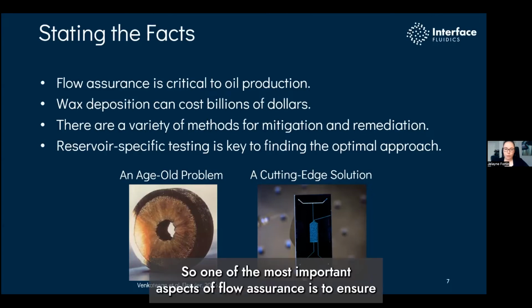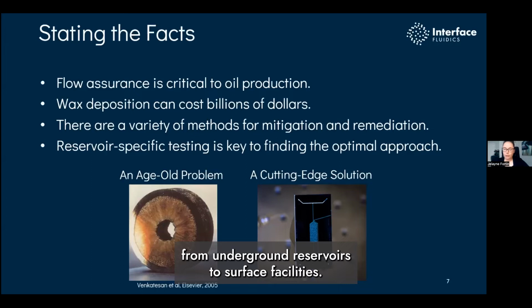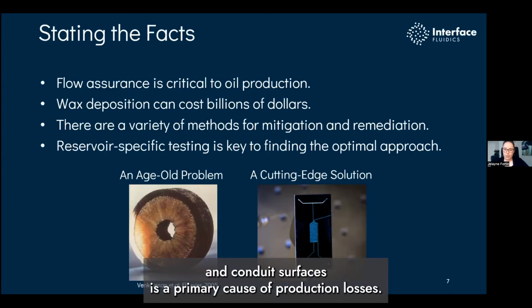So to begin with a little bit of background, as we know, flow assurance is very critical for oil production. One of the most important aspects of flow assurance is to ensure the safe and efficient transport of hydrocarbon crudes from underground reservoirs to surface facilities. The deposition of wax within the reservoir and on conduit surfaces is a primary cause of production losses.